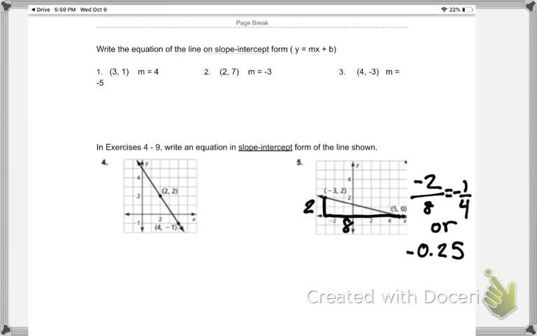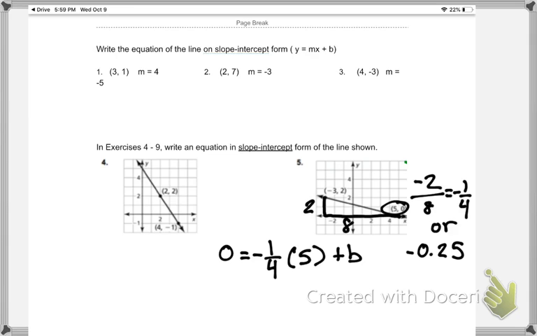So in this case, I'm going to jump straight to plugging in x and y to find my b. So in this case, we'll use 5 comma 0. My 0, or my y, is 0. It's equal to my slope in this case, negative 1/4. My x is going to be 5.